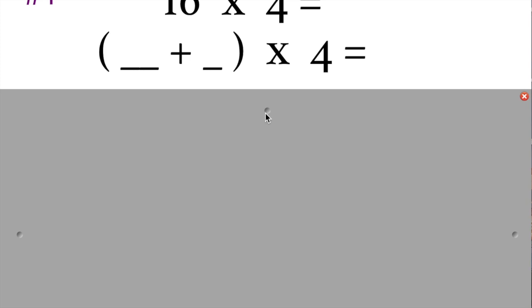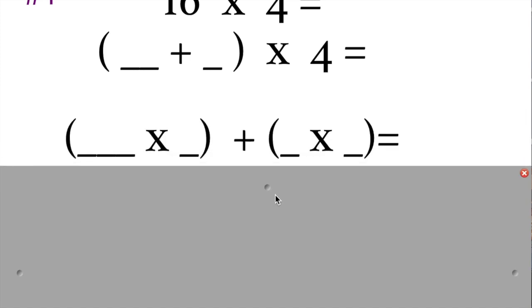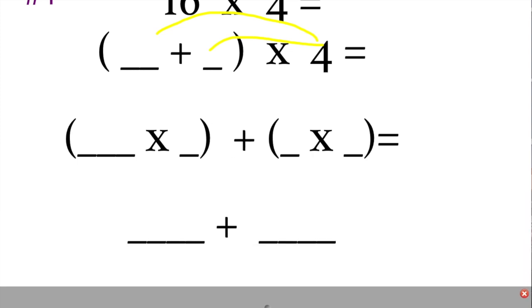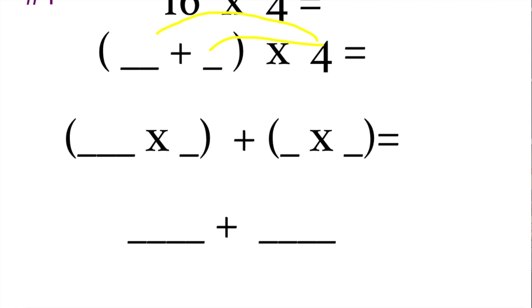Once you have it in expanded form, then you need to distribute the 4 out. Distribute the 4, distribute the 4. Something times something, something times something. I'll give you a few minutes to work on this.